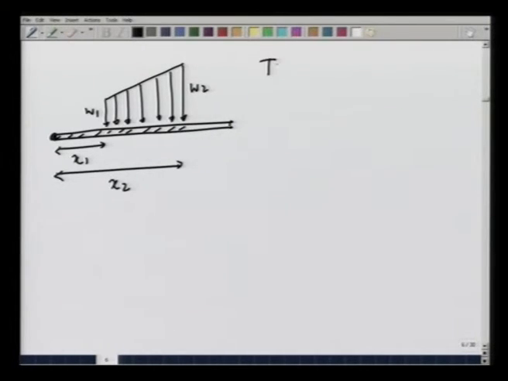So, total load is going to be the area of this trapezoid. I can, for later reference, divide this area into two areas, one which is corresponding to this rectangle of height W1 and width x2 minus x1, and another one the triangle.